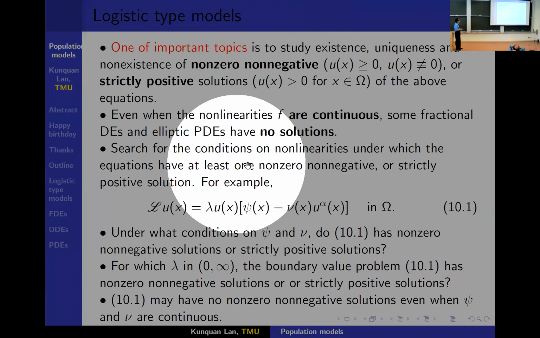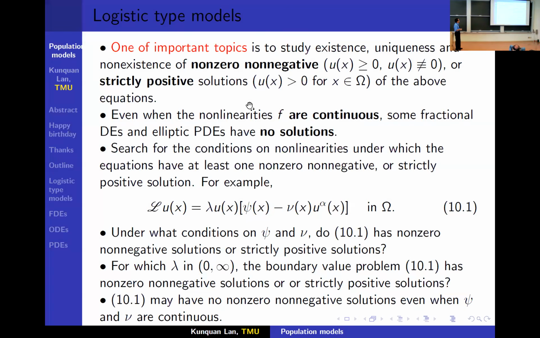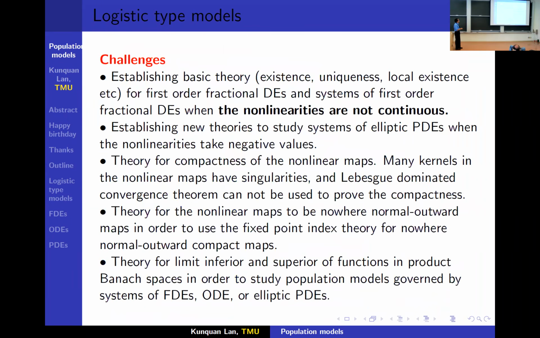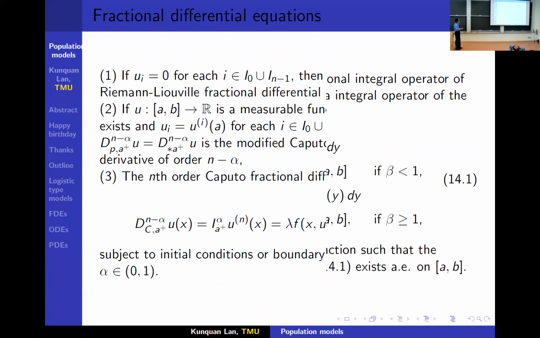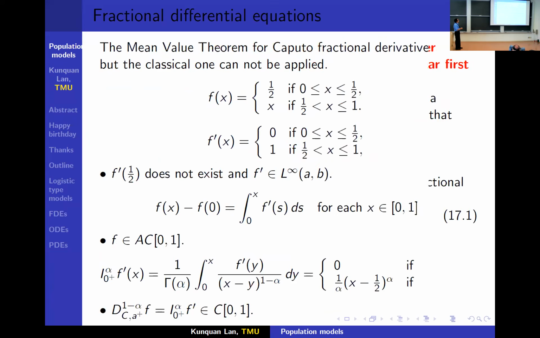Sometimes F, which I already gave you before, the right-hand side term, is continuous, but be careful: for some fractional differential equations and PDE, they have a weak solution. The function F is piecewise continuous, sorry. So they have a weak solution.